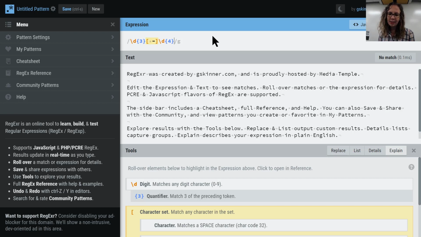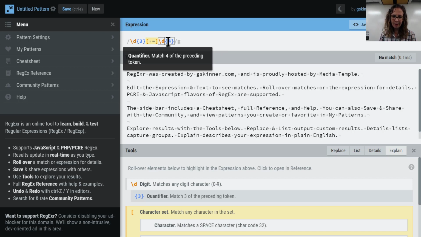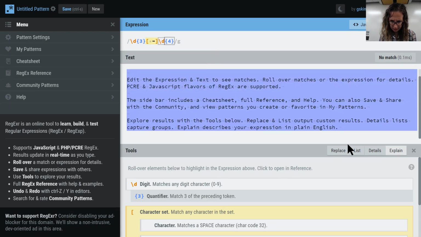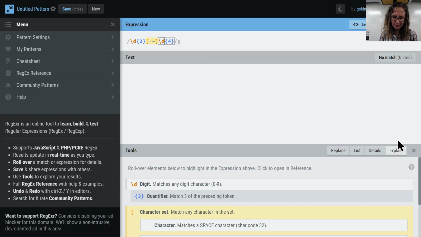This is kind of neat how it lets you look at the different groups. What you can do is enter the things you're trying to match, and you'll see if it's worked.